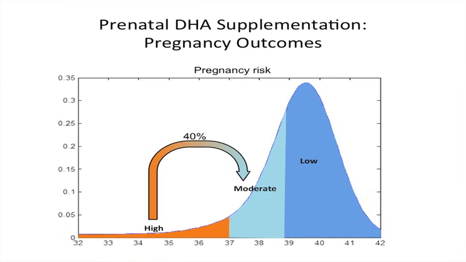Basically, what we did was this. This is the plot of the frequency of births as a function of weeks of gestation. On average it's 39 weeks, somewhere in that range, and this is the frequency plot. The University of North Carolina has done cluster analyses and determined that this distribution can be divided into low-risk births, moderate-risk births, and high-risk births.